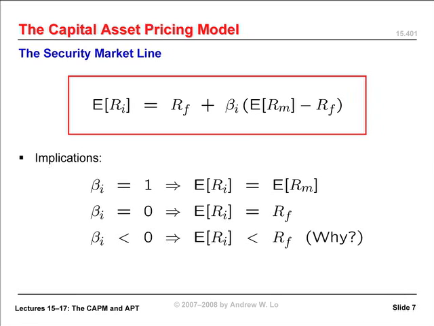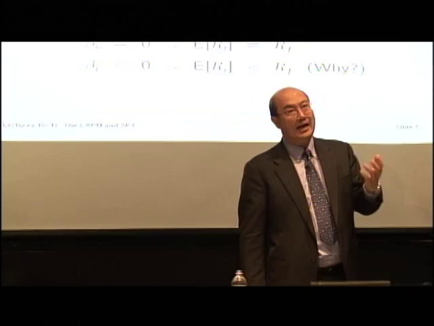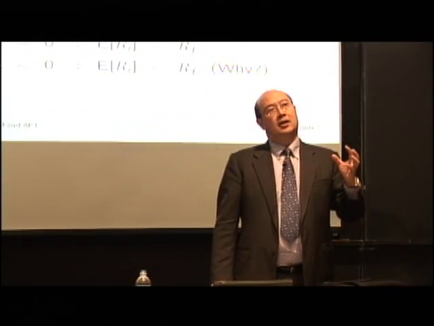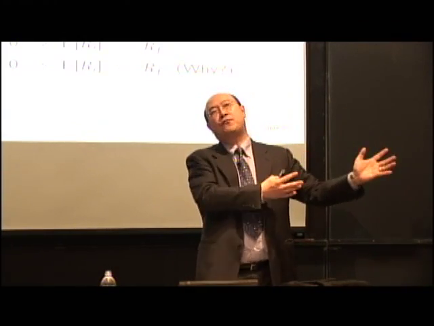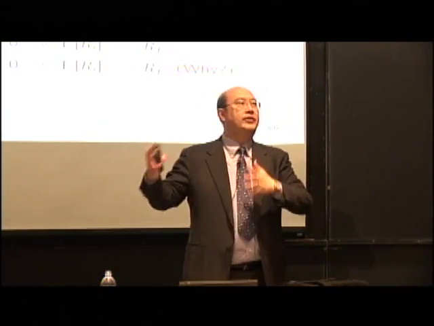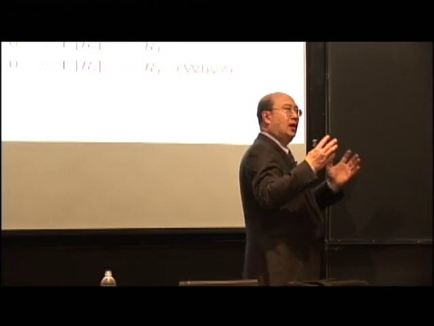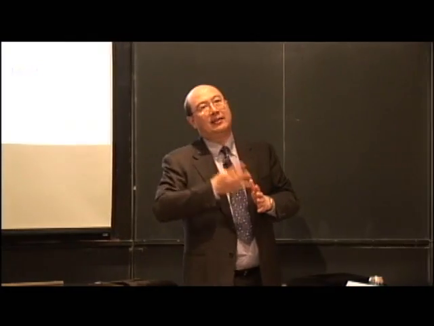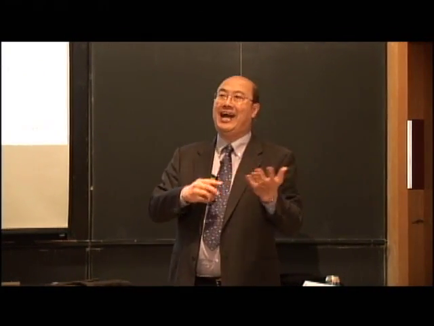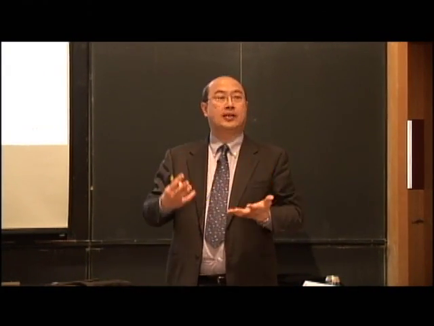Now, what about if the beta is equal to 0? If the beta is equal to 0, then you get the risk-free rate. It's important to realize that if the beta of an asset is equal to 0, it doesn't mean that the asset has no volatility. In the past, when we've looked at mixing the risk-free asset, T-bills, with the market, we know that when the risk-free asset is included, you get that straight line, and it's because the risk-free asset has no covariance, it has no risk at all.